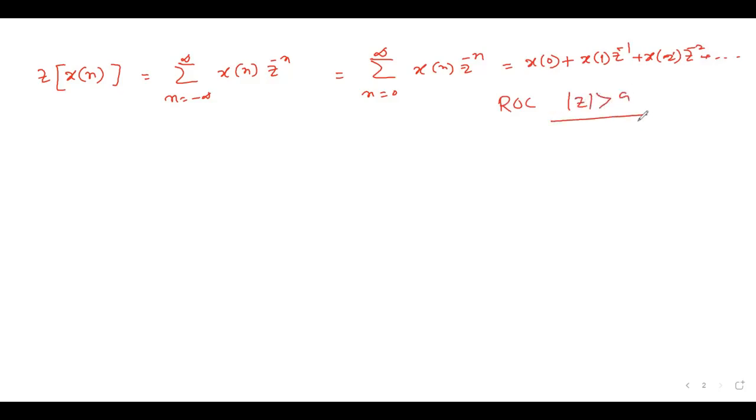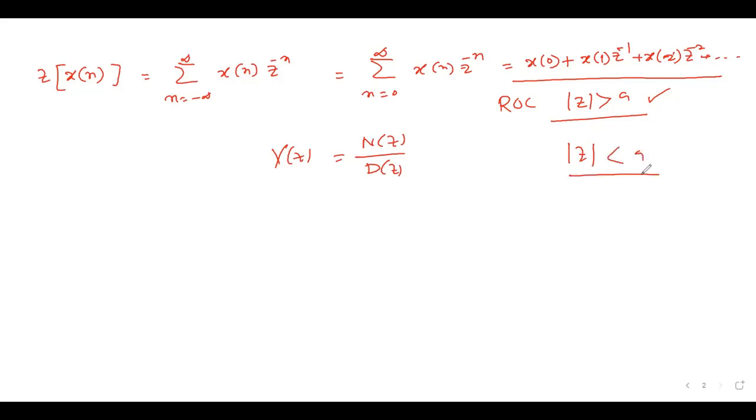If it is given this, you are asked to find the right hand series, that means you express X(z), which is N(z) by D(z), as a power series of z to the power minus. Now if the ROC is given this, you are asked to find the left hand series. In that case your limit will be n equal to minus infinity to 0 or 1, depending.